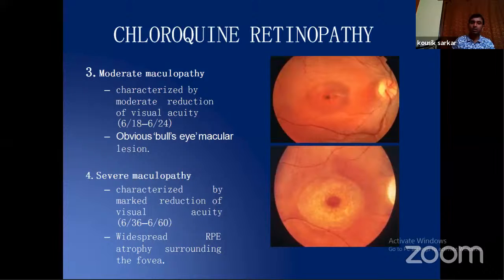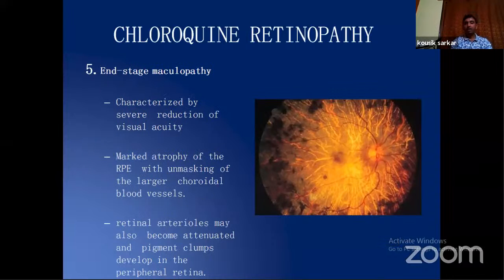Moderate maculopathy in chloroquine retinopathy is characterized by moderate reduction of visual acuity and an obvious bullseye macular lesion. In severe maculopathy, the visual acuity is severely reduced, up to 6/36 or 6/60. And here widespread RPE atrophy usually occurs surrounding the fovea. In the end stage, from this picture, we can say that it is like the fundus of retinitis pigmentosa.